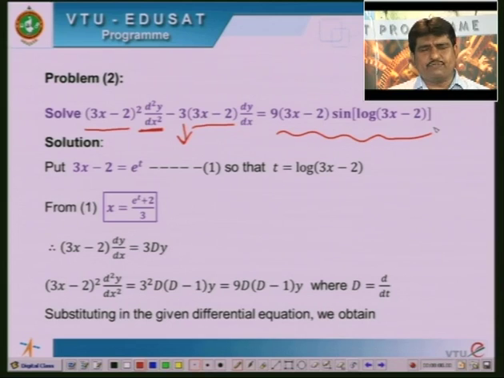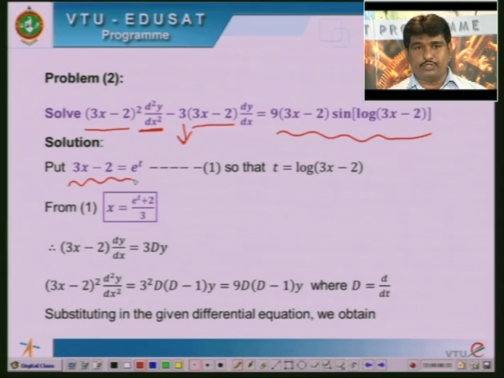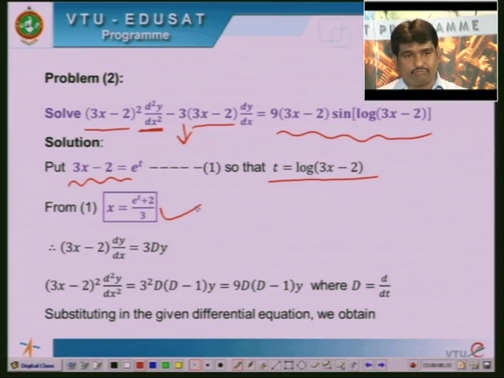So this is Legendre's differential equation with a equals 3 and b equals minus 2. This can be converted to a differential equation with constant coefficients using the substitution 3x minus 2 equals e to the power of t. So t becomes log of (3x minus 2) to base e, and from this we can write x as (e to the power of t plus 2) divided by 3.